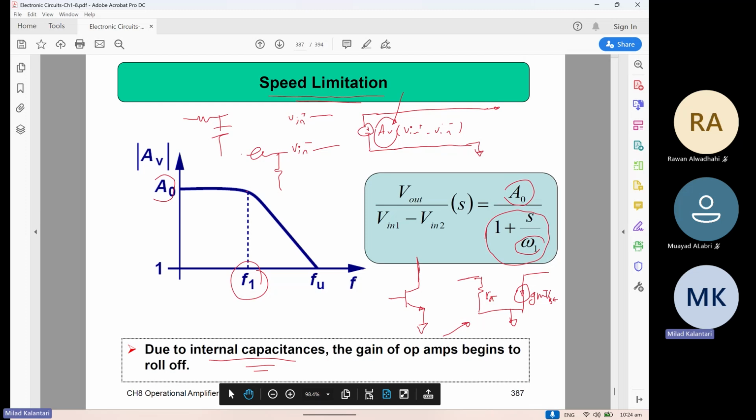It doesn't have any pole. Then, can you tell where these poles are coming from? Do you have any idea?